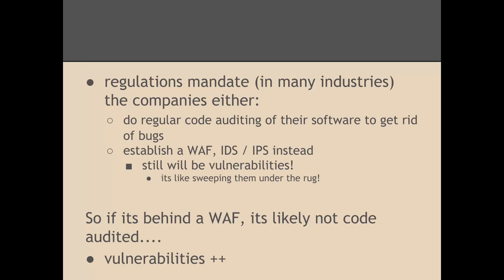Now, obviously the code auditing is going to get rid of vulnerabilities in all the code that you write. But if you put up the web application firewall and the IDS, you'll comply with the regulations. So that's the cheaper way out, more often than not. And it actually doesn't have any impact on the number of vulnerabilities that you have in your code.